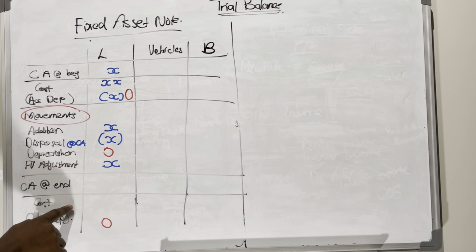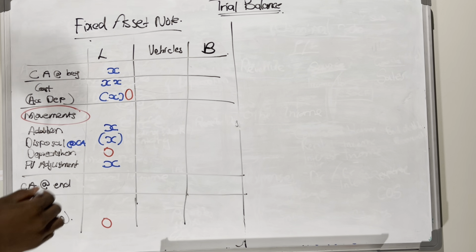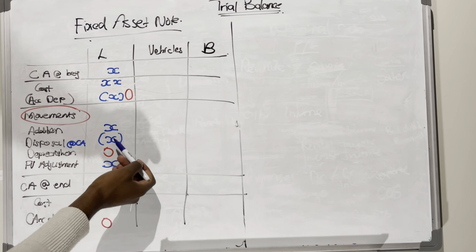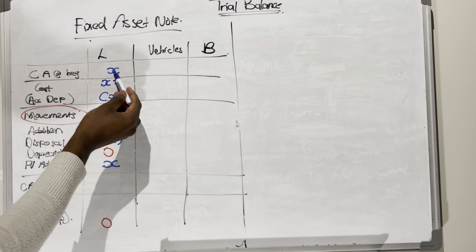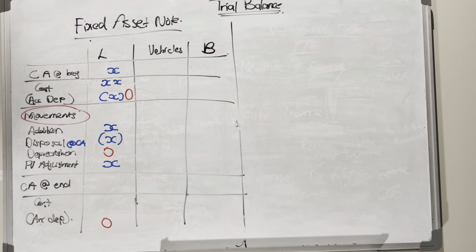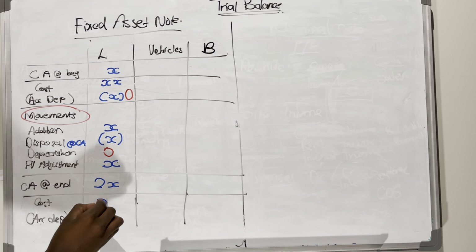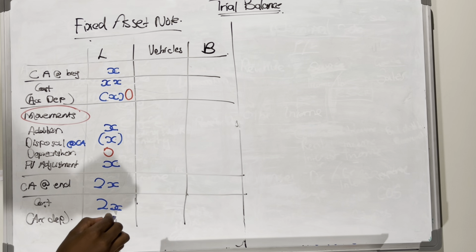And at the end, our cost will now be that plus that less that plus that. So it's 1x plus x is 2x, minus x is x, and then that'll still be 2x. That'll still be 2x minus 0, still be 2x.